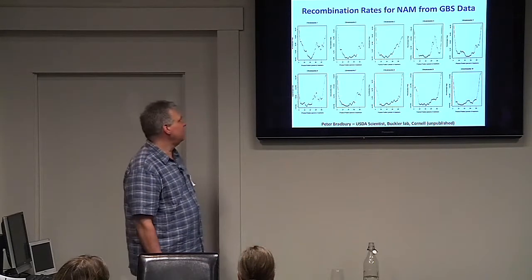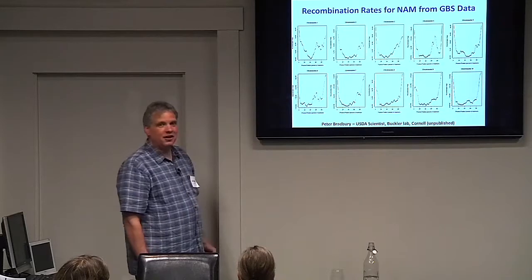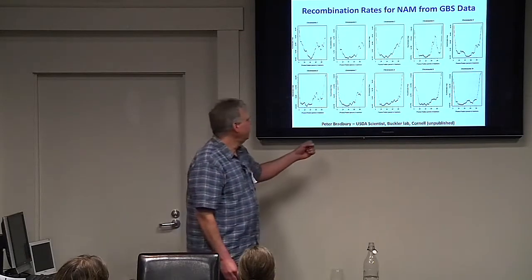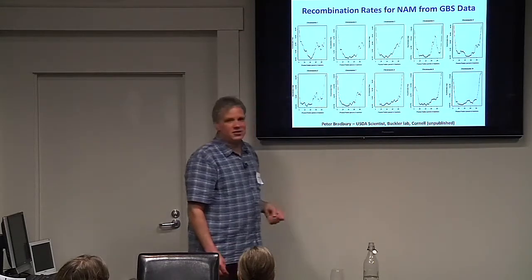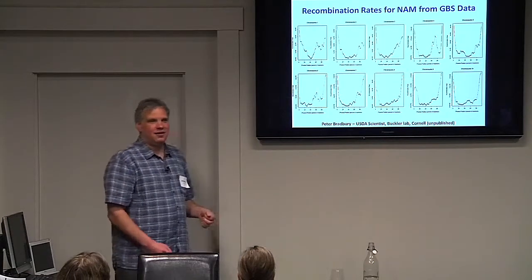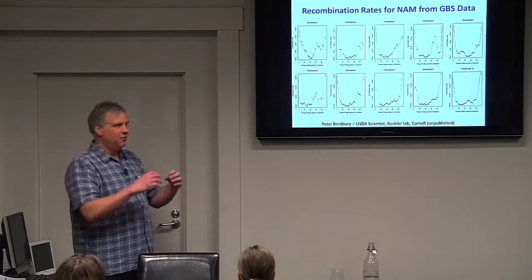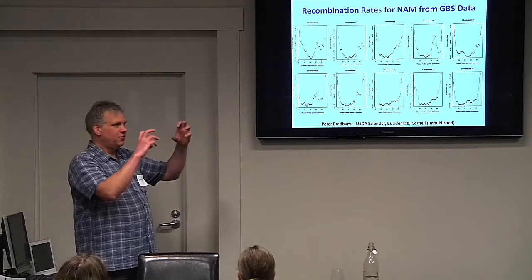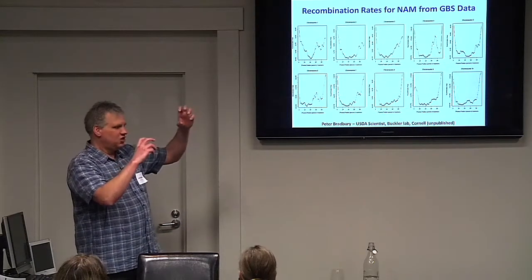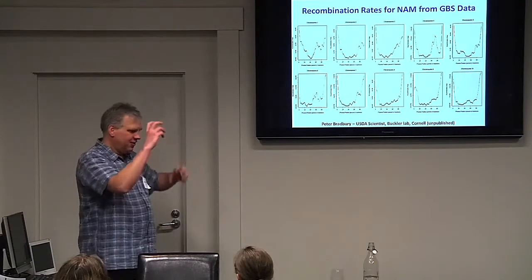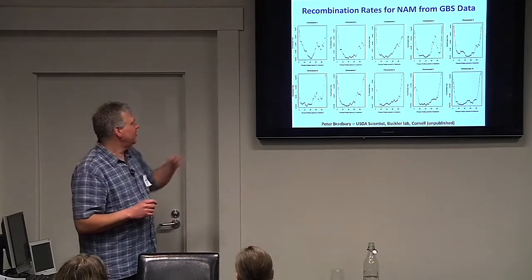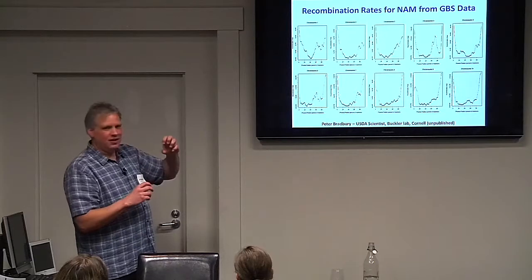We tend to see that residual heterozygosity in NAM is higher in the paracentromeric region, and we think that's because of the low recombination there. When there's a bad gene here, it can't be recombined away as easily because the recombination rate is low, so you can't get rid of it.